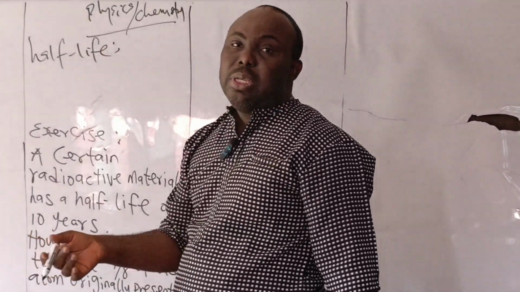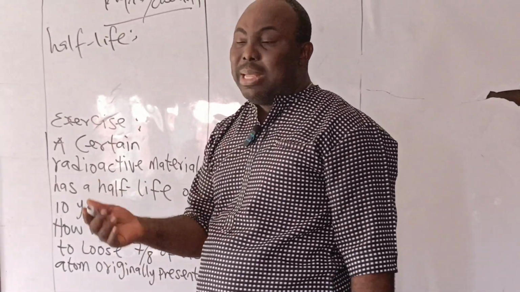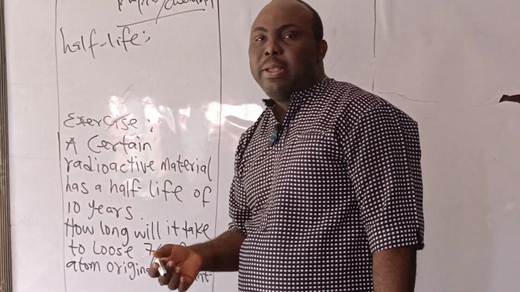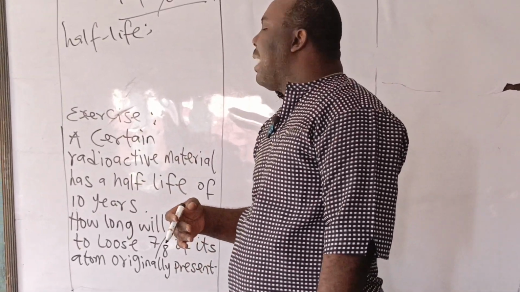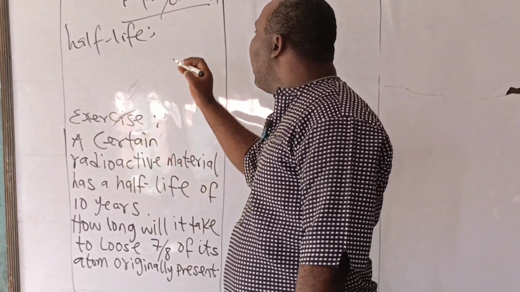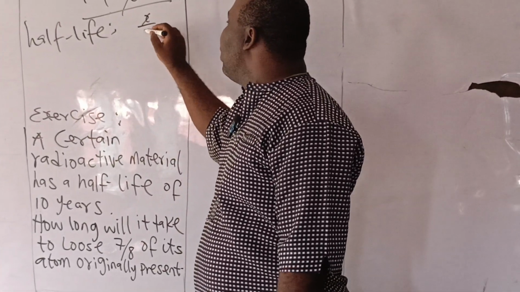So half-life is the time taken for half of a radioactive element to decay. That is by half. If the mass of the radioactive element is x, half of x should be x over 2.